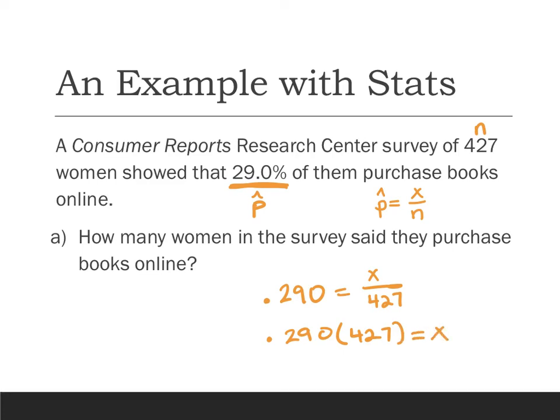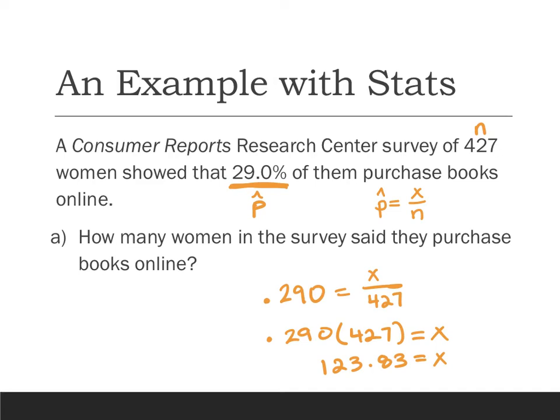That's going to get me x by itself. And that makes sense because 29% of the total is the number of women who've said that they purchase books online. When I do this, I get 123.83. Now, what's wrong with that value? Hopefully, you're looking at your screen funny and wondering, how can that be?